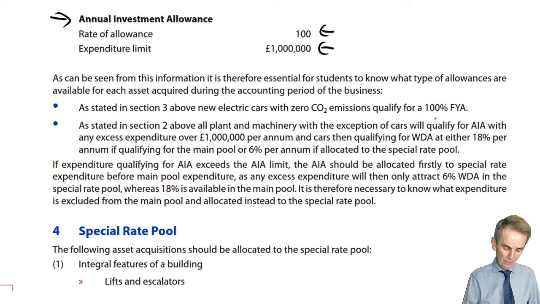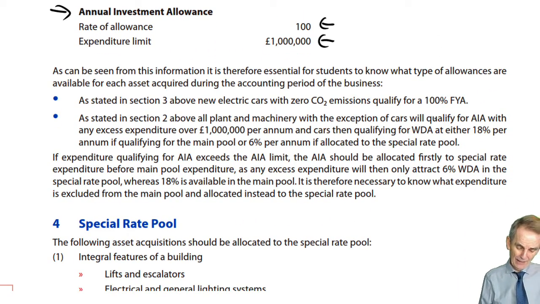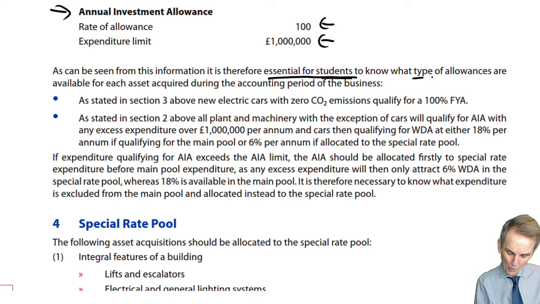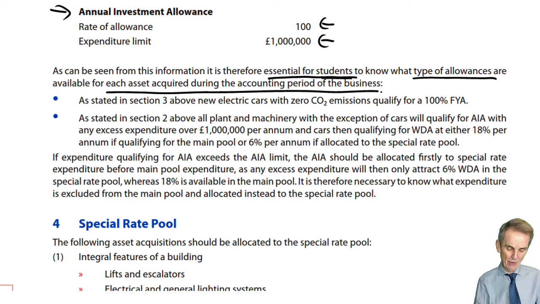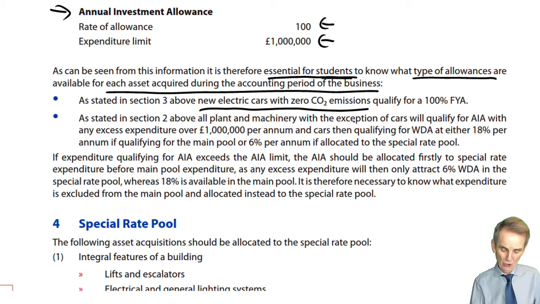Just to complete this, as can be seen from this information, it's essential for you, the student, to know what type of allowance will be available for each asset acquired during the accounting period of the business. As we've seen above, new electric cars with zero CO2 emissions get 100% FYA.